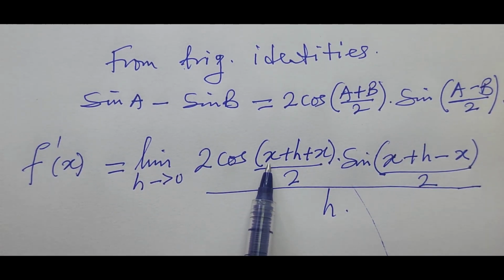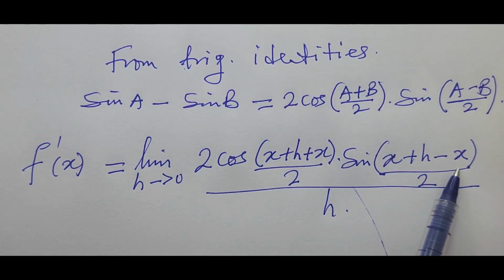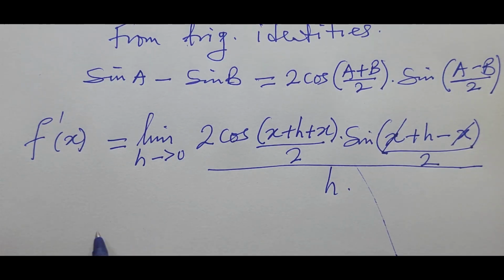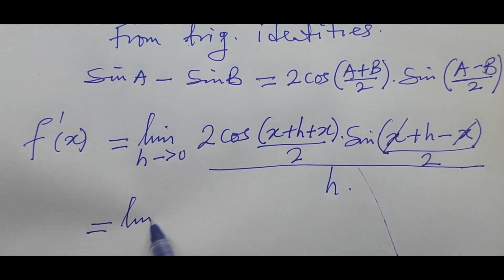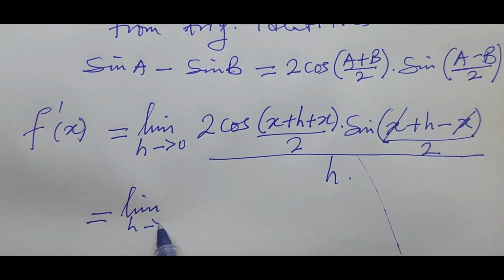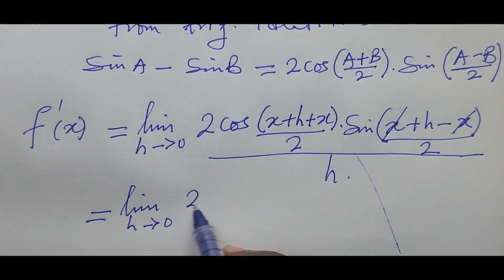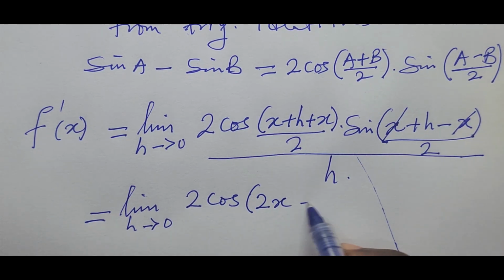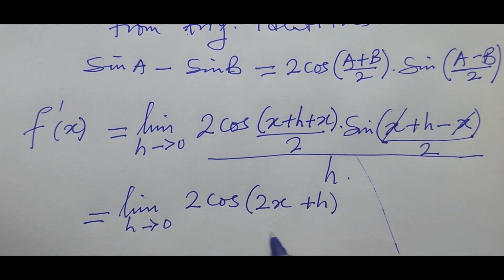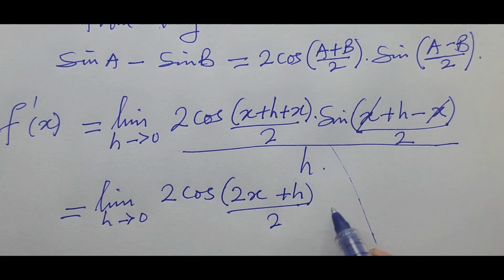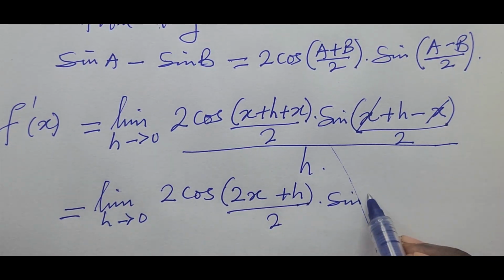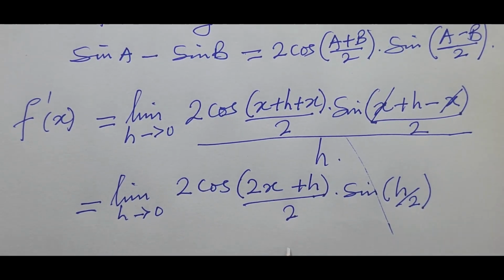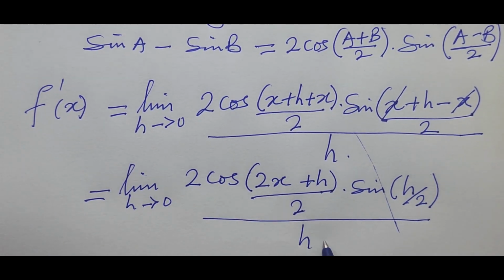Here we are having x plus x, and here we're having x minus x, and so this will leave the system. And so here we are now left with the limit as h tends to 0 of 2 cos bracket 2x plus h, close bracket, all over 2, times the sine of h all over 2, close bracket, everything all over h.